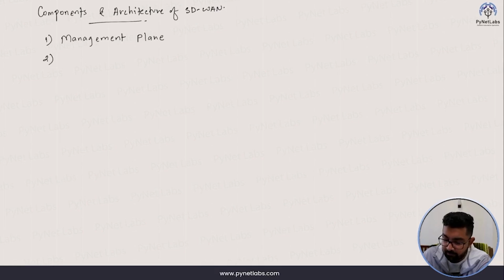Second one is the control plane. Third one is the data plane. And fourth one is the orchestration plane.